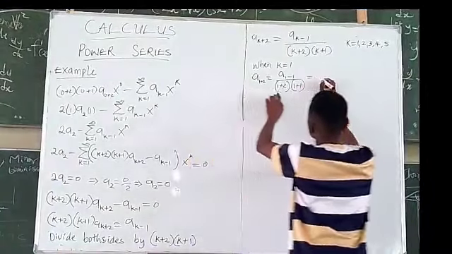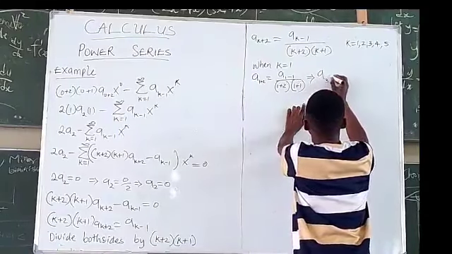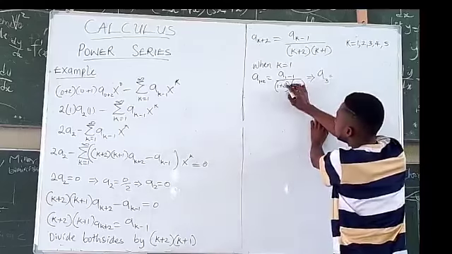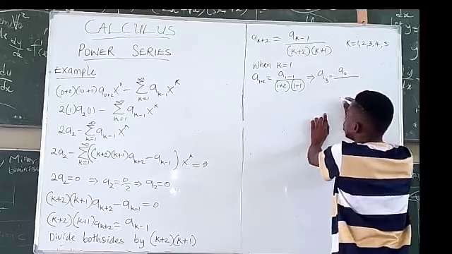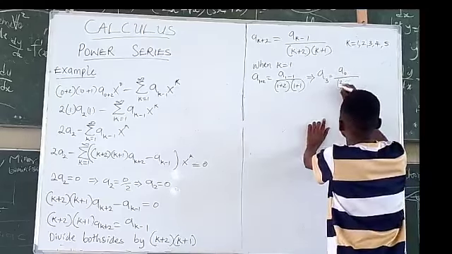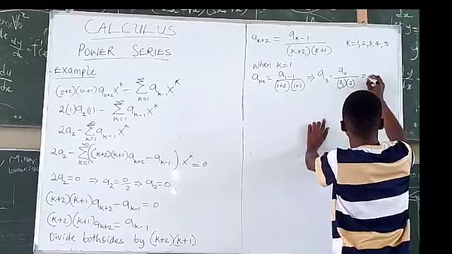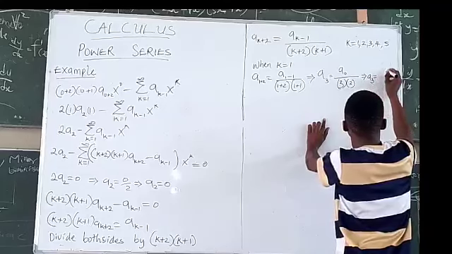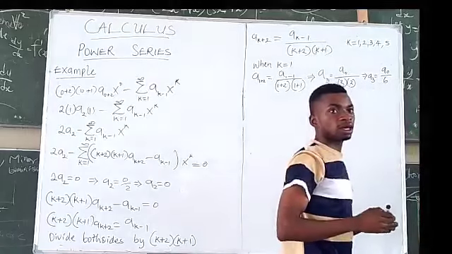It becomes a3: a1 minus 1 becomes a0, all over 3 times 2, so a3 is equal to a0 over 6.